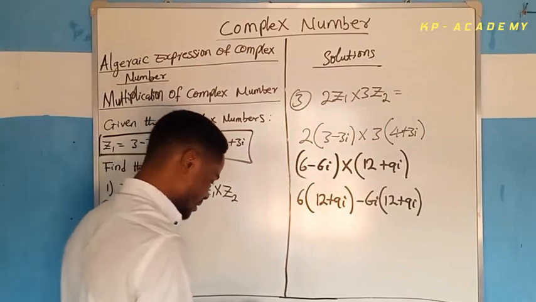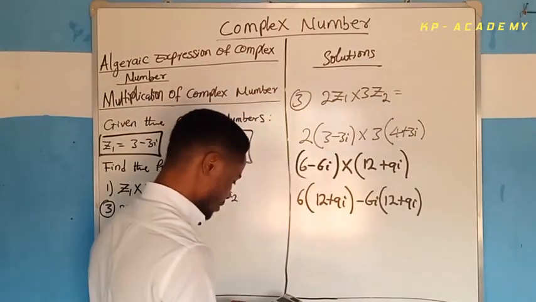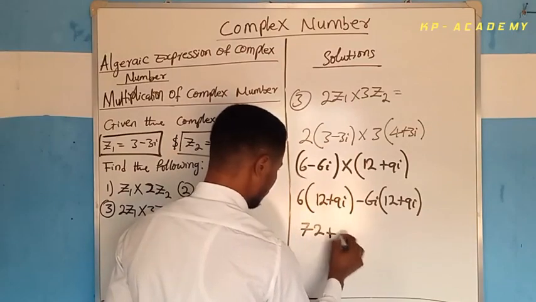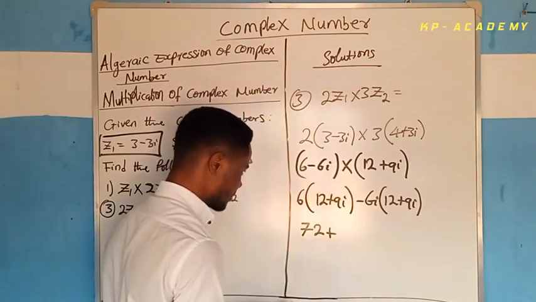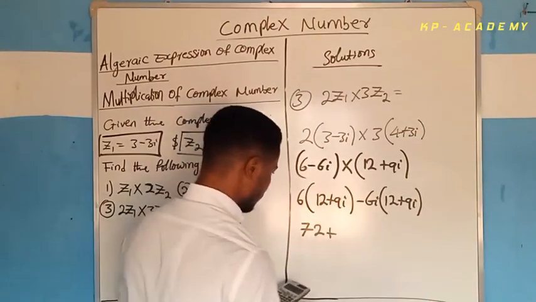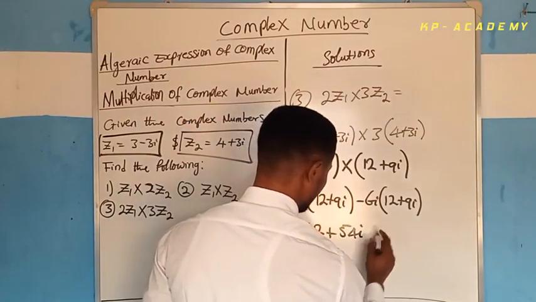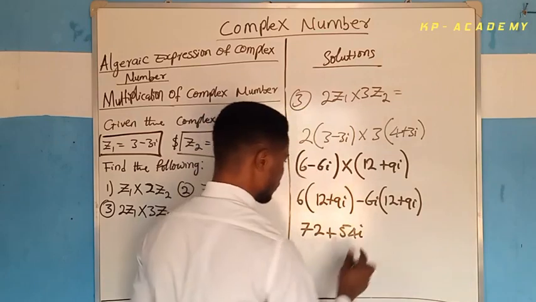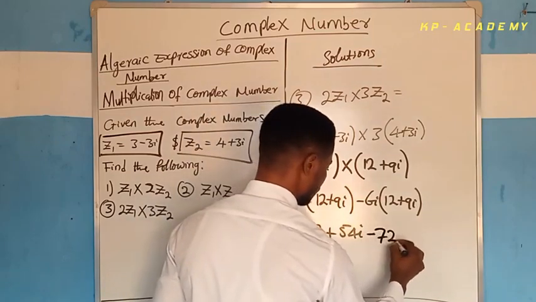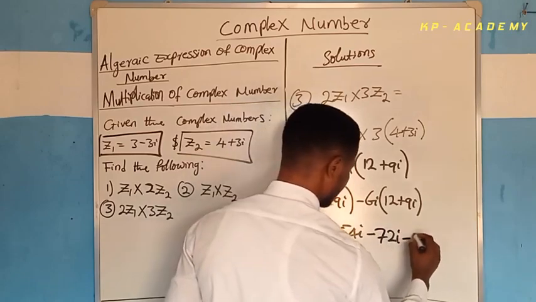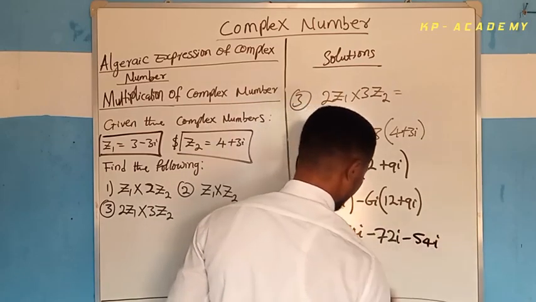When we say 6 times 12, we have 72, plus 6 times 9, we have 54i. Now minus 6 times 12, we have minus 72i, and minus 6 times 9, we have minus 54i squared.